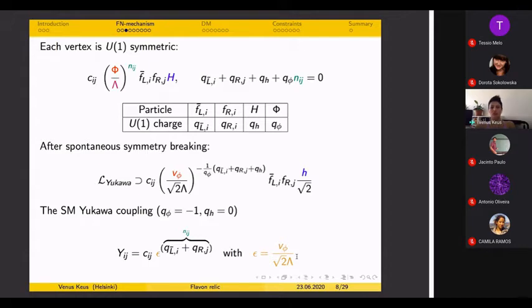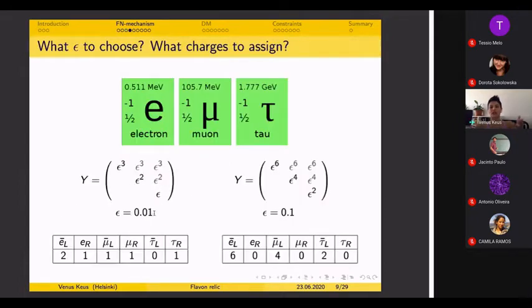Here, again, let's say you could say my epsilon is 10 to -2. Remember that you have these order 1 coefficients, the Cij, that you could put in to get exactly the correct masses for the leptons. But roughly, with an epsilon of 10 to -2, you see that the electron has 1 higher order of epsilon, meaning it's 2 orders of magnitude lighter or smaller than the muon, which is actually what you see in nature.